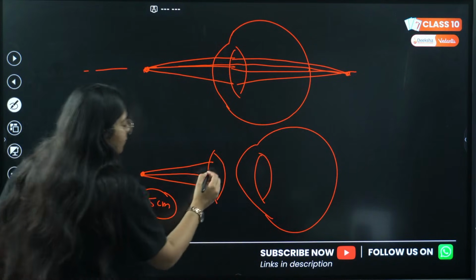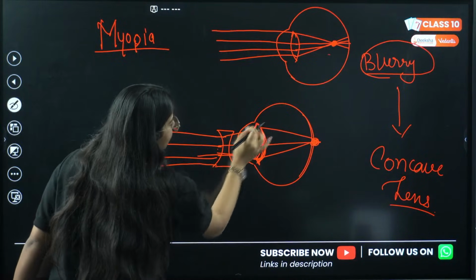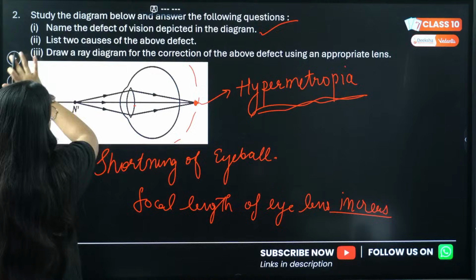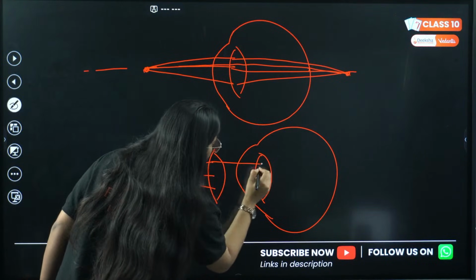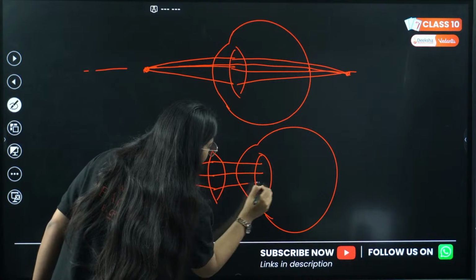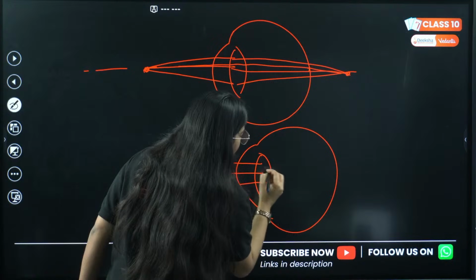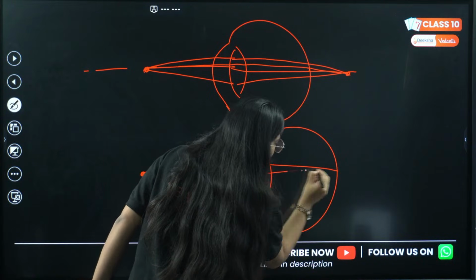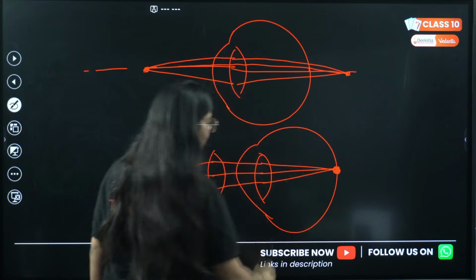In case of myopia, it diverged the light rays outwards, but in case of hypermetropia, it will converge the rays a little bit, so that instead of going away from the retina, it will get focused exactly onto the retina. Okay, and this is my image.